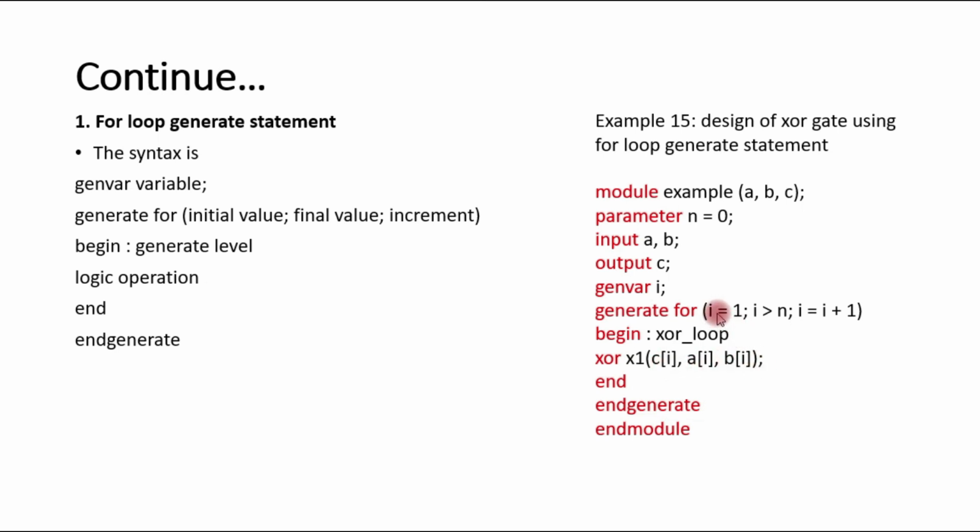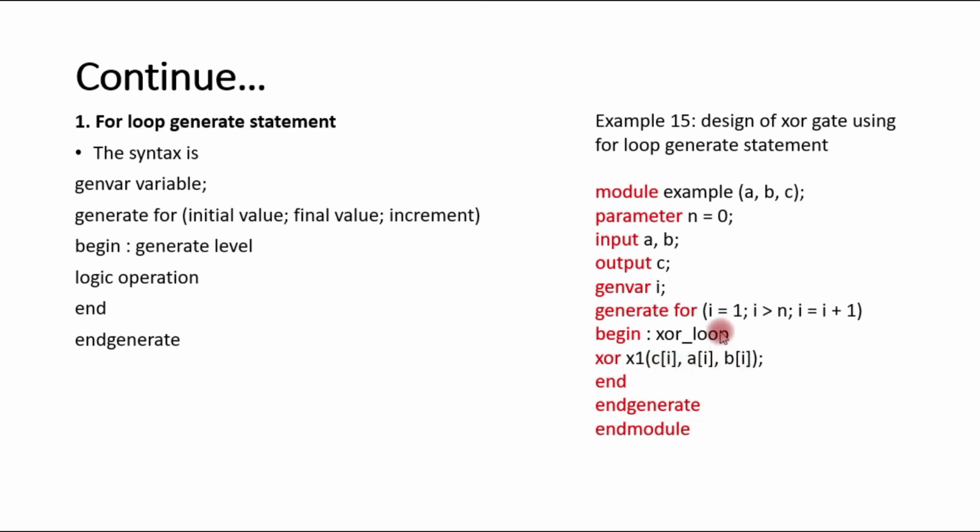In case of first condition, i equal to 1, i greater than n is 0 and i is 1. It means this condition will be true. So loop will be executed here, XOR x1, and first XOR operation is there, C1 A1 B1.